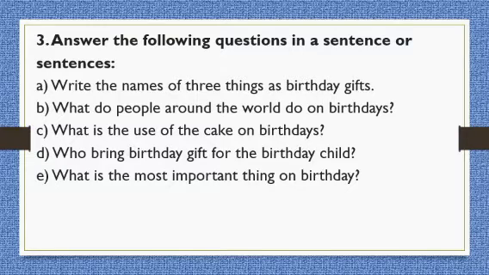Number A, write the names of 3 things as birthday gifts. The answer will be: the names of 3 things as birthday gifts are a toy, a book, and some clothes.